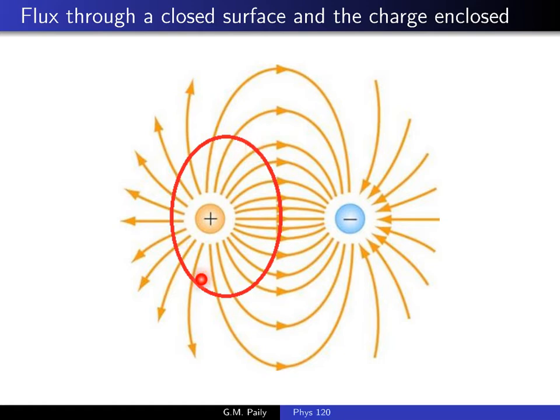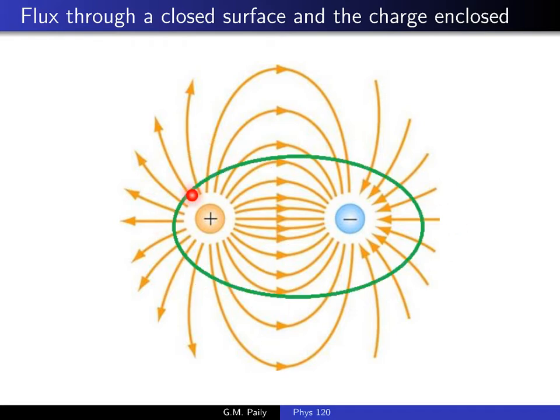And indeed, we are only enclosing a positive charge. The presence of the negative charge here bends the field lines, but does not change the total amount of flux, which is only related to the amount of charge enclosed.